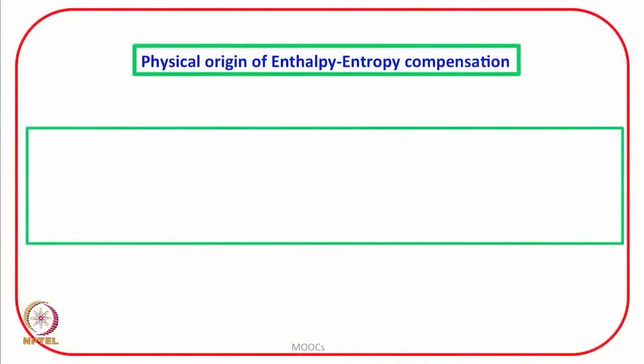Now, let us take a look at the physical origin of enthalpy-entropy compensation. Based on literature review, the enthalpy-entropy compensation in the case of protein-ligand binding that I have just discussed, the negative value associated with the formation of favorable bonds for polar bonds is also happening at the expense of the decrease in disorder or increase in order.